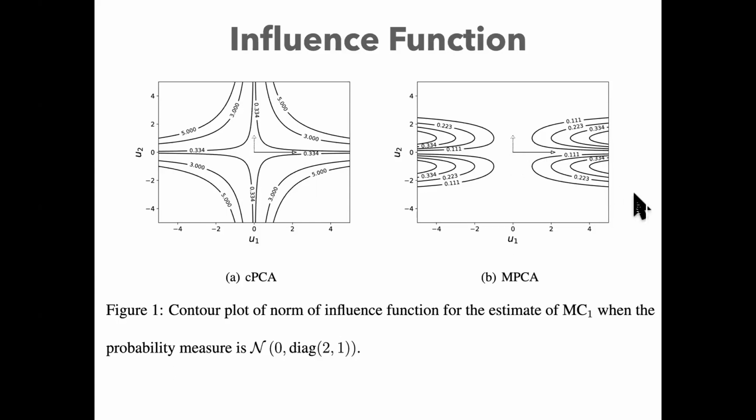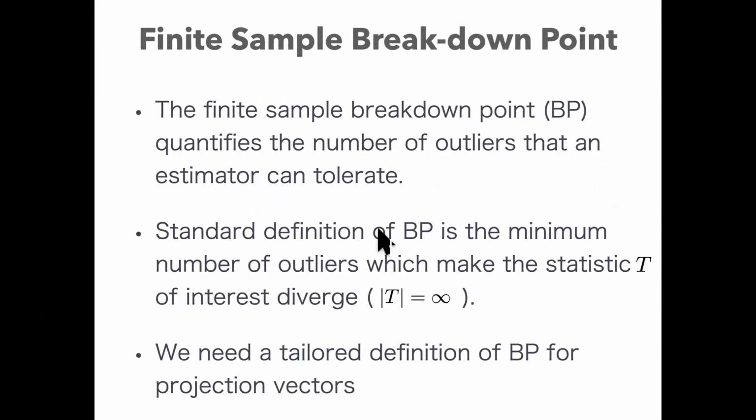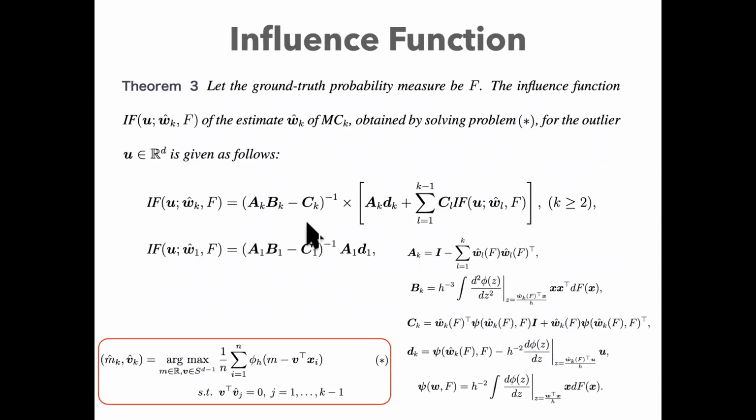Okay, unfortunately, the influence function is only calculated by using the ground truth probability distribution of the population here, F. I mean, to evaluate the influence function, we need to know the ground truth distribution F. So it is theoretically important, but in reality, it is difficult to compute the influence function by using only the observed dataset.